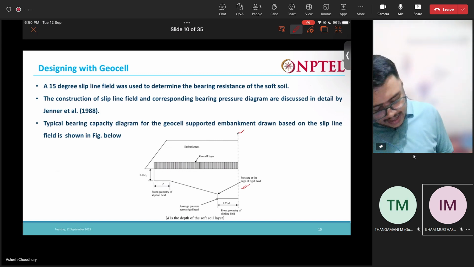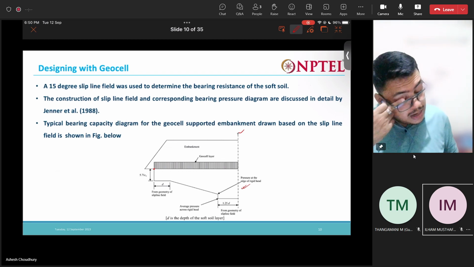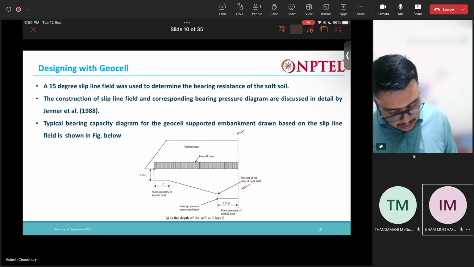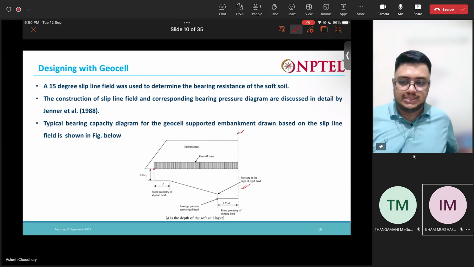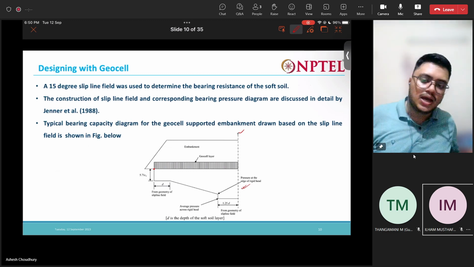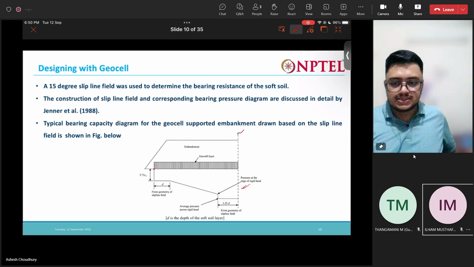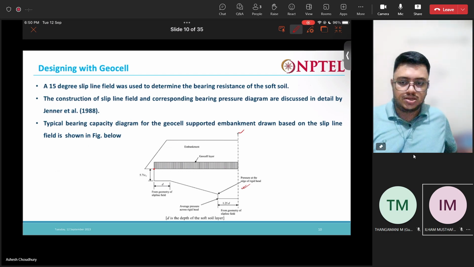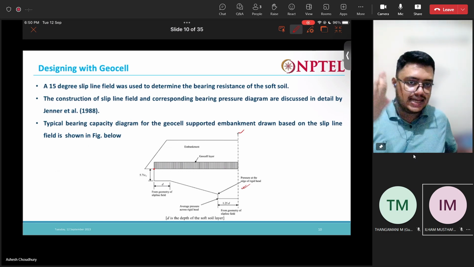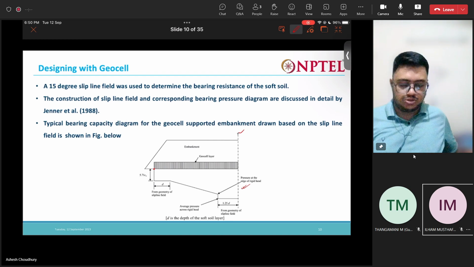Now at the edge, just here, we consider that the bearing capacity is 5.71 cu, because it is a little more than the plastic limit. We consider this as the elastic limit at the leftmost edge.